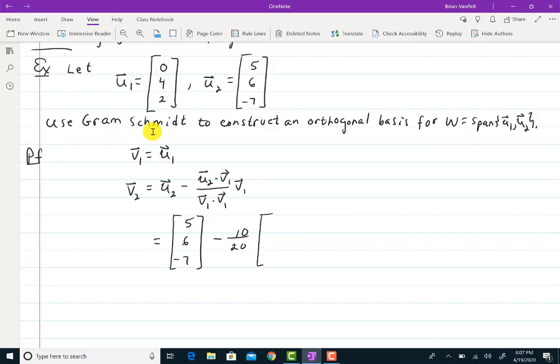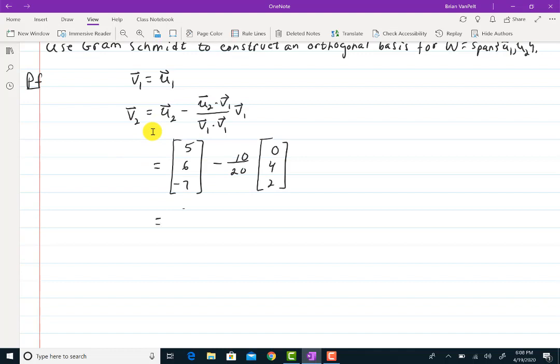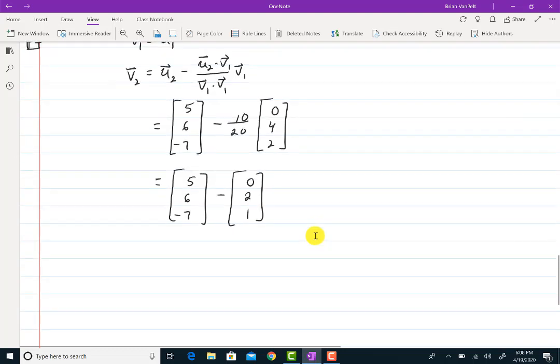And then v1 was u1, 0, 4, 2. This is just 1/2, so I get 5, 6, negative 7 minus 0, 2, 1, which equals 5, 4, negative 8.